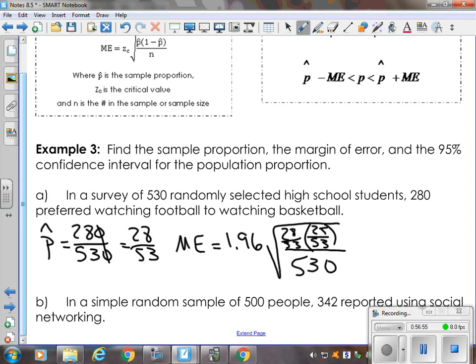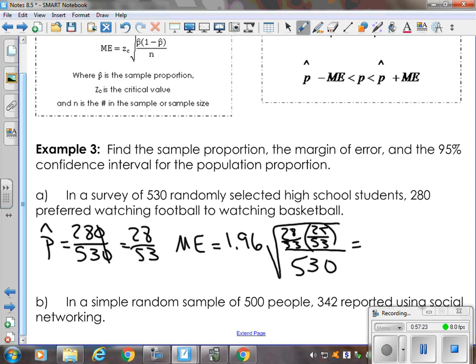Divided by 530, hit enter. Now hit square root and go up there and hit second negative key and get the word answer. And hit enter. And then take that times 1.96 and hit enter. All right, what are we getting for our margin of error?